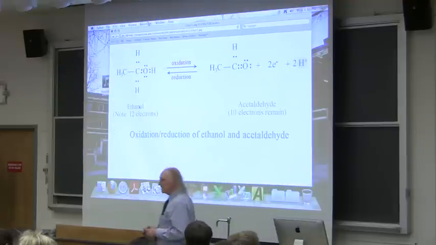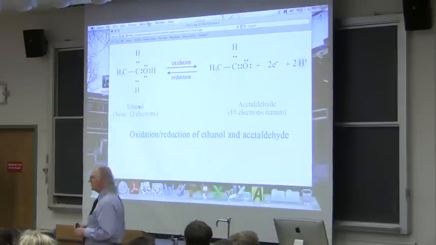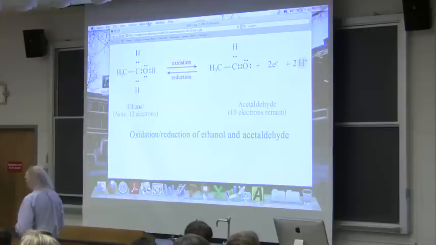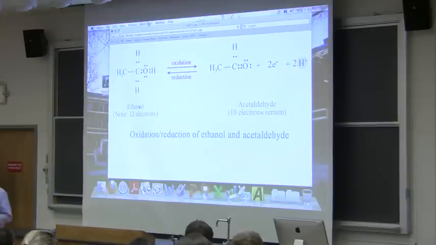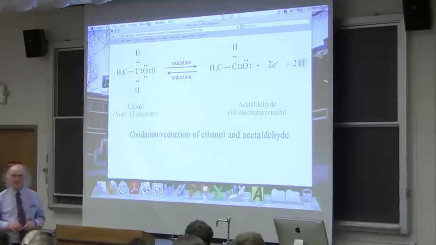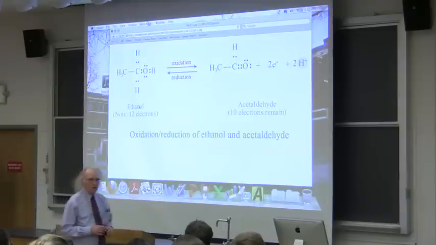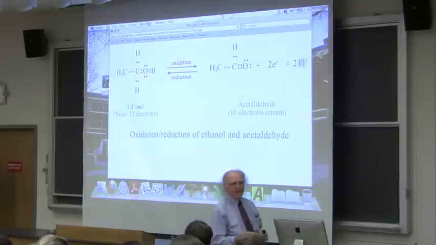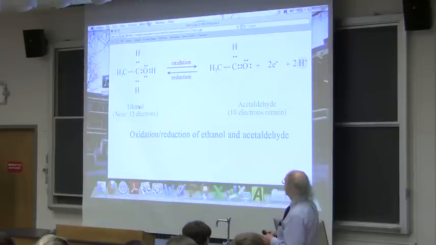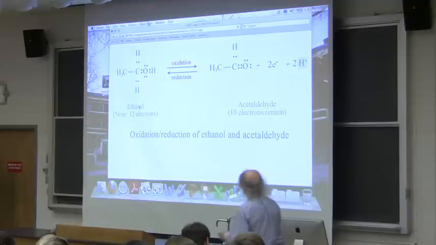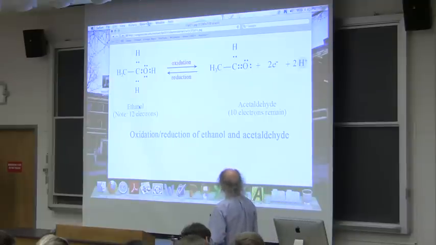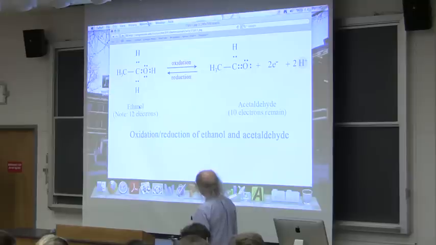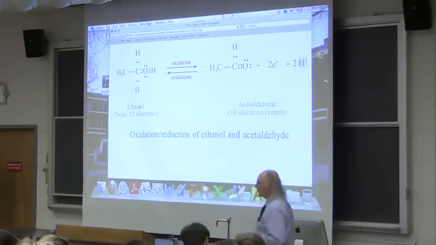I'm talking about oxidation and reduction. It's important to understand what oxidation and reduction means. Oxidation does not mean oxygen. It can, but it doesn't need to. Oxidation means that something has lost electrons. In this scheme you see on the screen, ethanol is becoming oxidized as we move from left to right.